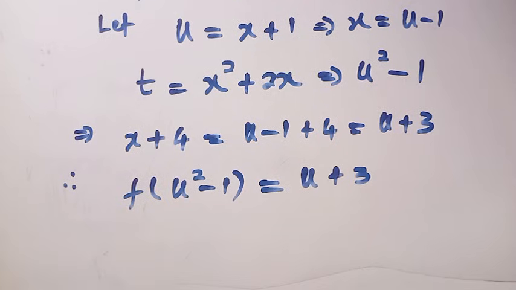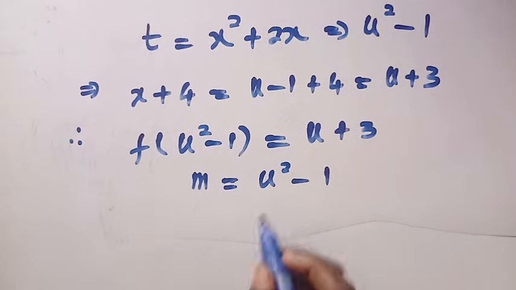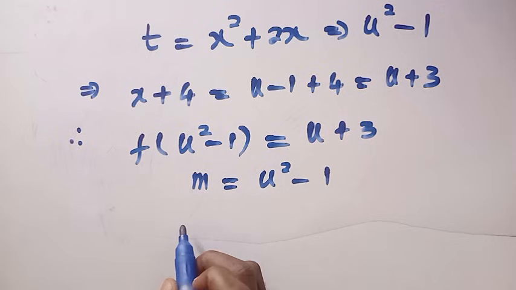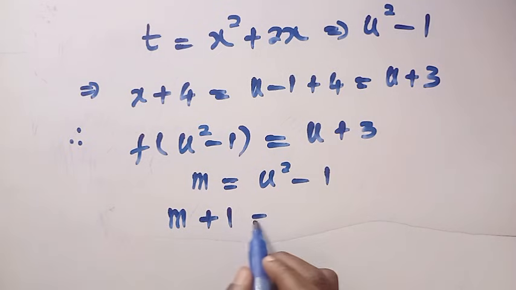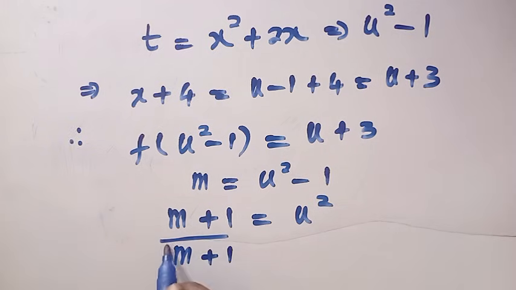And again, where we have u squared minus 1, this is not always a direct form. So we have to make this one a single value. For u squared minus 1, if I let it be m equals u squared minus 1, making u the subject, we are going to have m plus 1 equals u squared. By taking the square root of both sides, we have the square root of m plus 1 equals the square root of u squared.